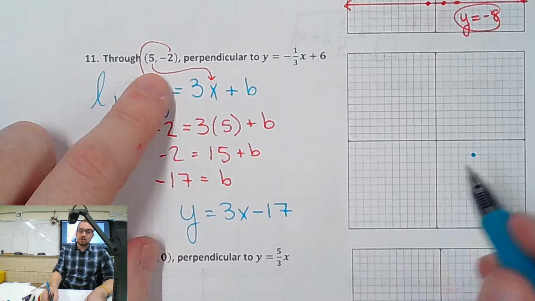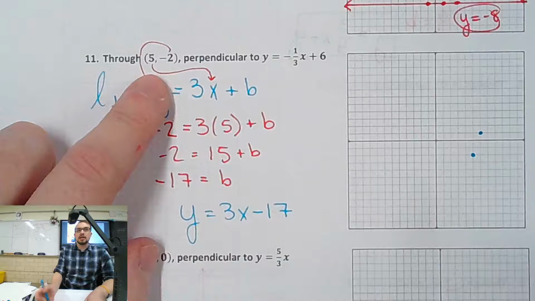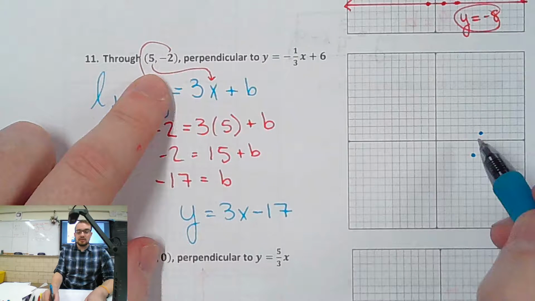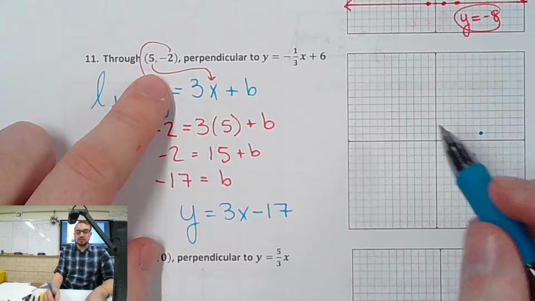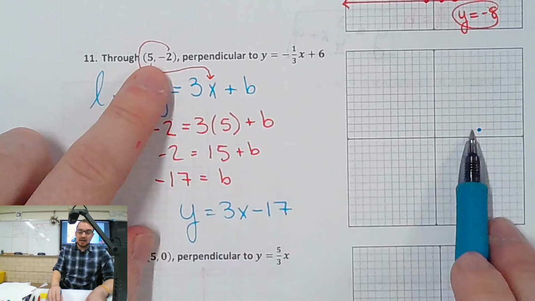3. So if I go up 3/1 like Tucker said, don't I get another point? Do you see how that's on our graph and is easier than going all the way down to -17? Use the point they gave you and use that to find another point using slope.